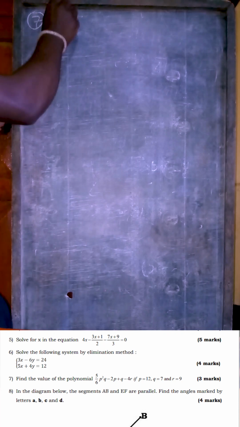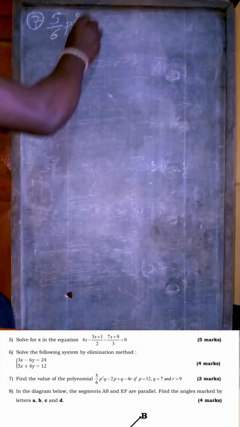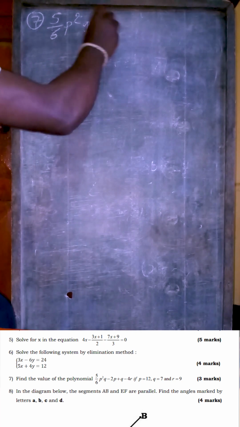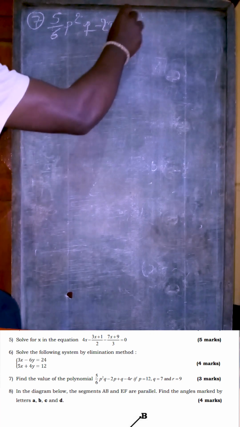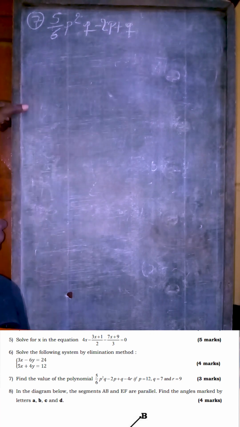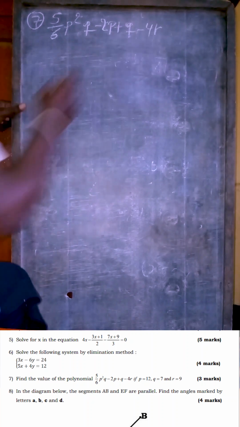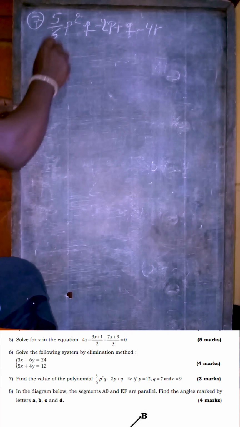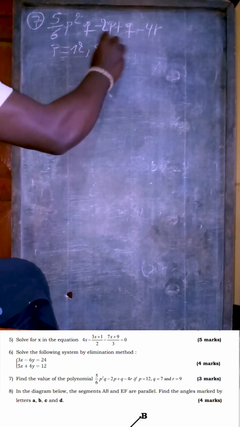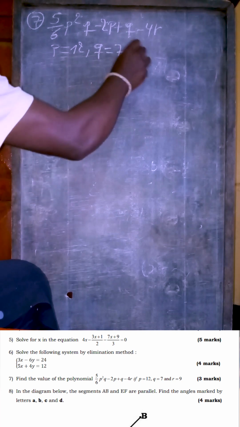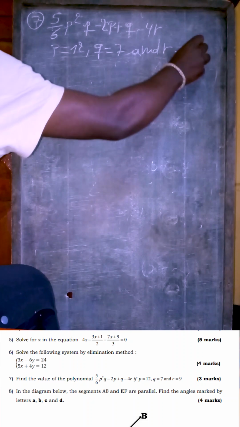The polynomial given is 5p squared q over 6, minus 2p plus q, plus q minus 4r, and we are given that p is equal to 12, q is equal to 7, and r is equal to 9.